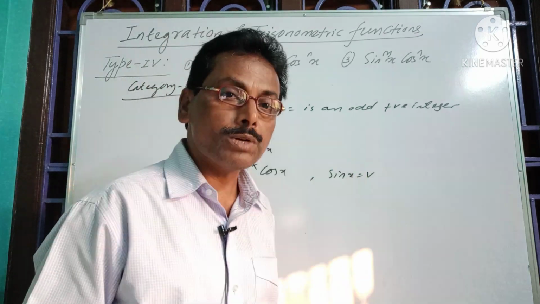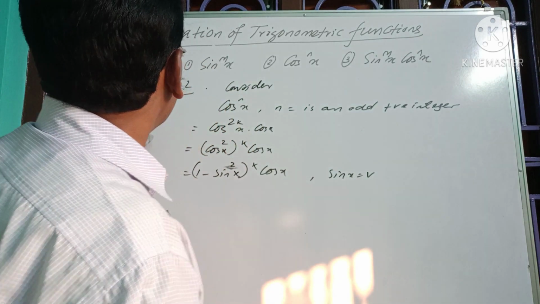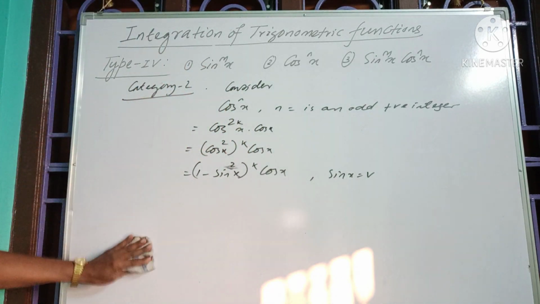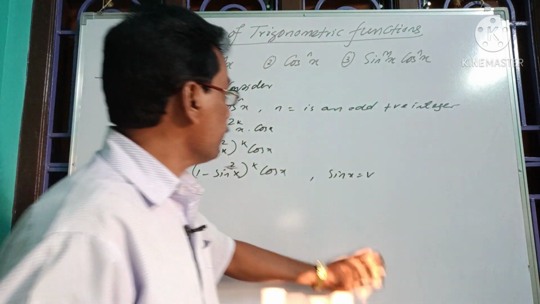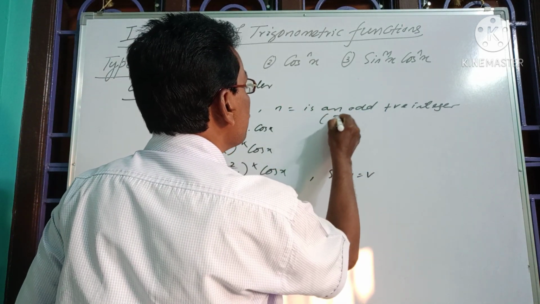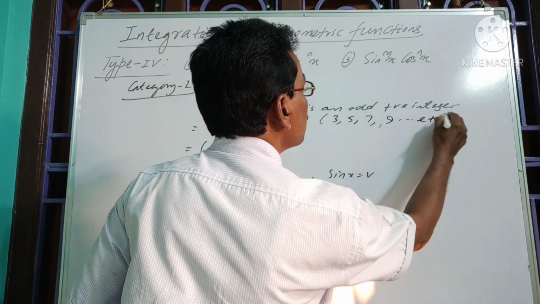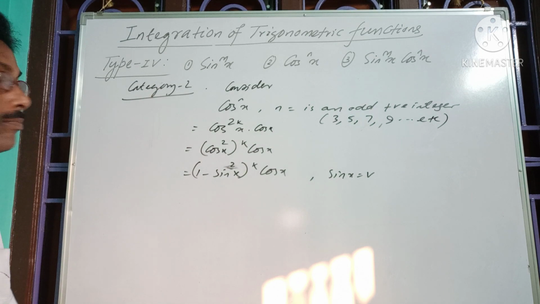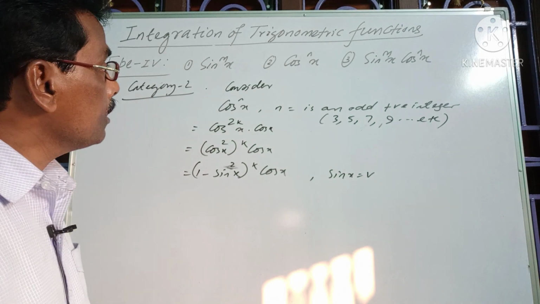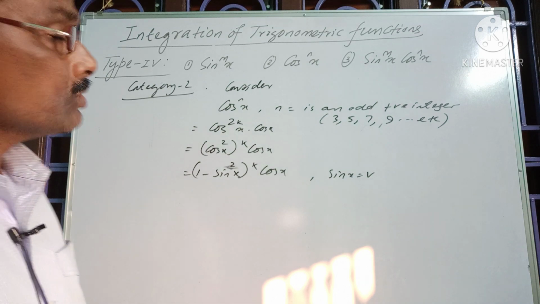So now let us switch over to an example of how to integrate the higher powers of cosine function, where the odd positive integer may be 3 or 5 or 7 or 9, etc. So now let us consider an example of how to integrate a higher power of cosine function, that is cos to the power n x.